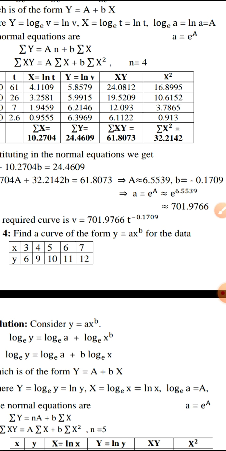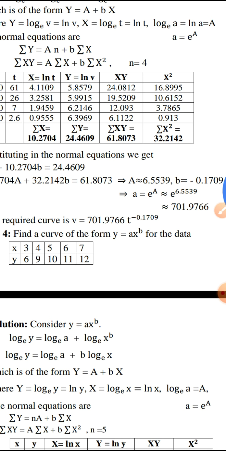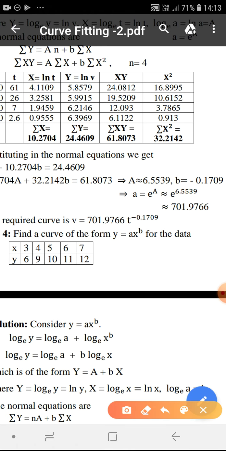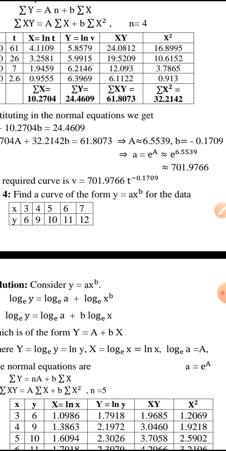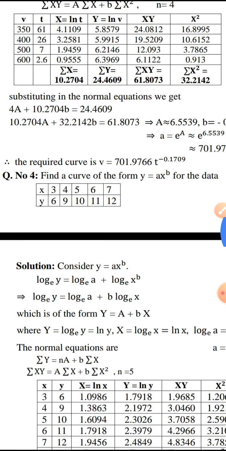Once you get small letter a and small letter b is minus 0.1709, you can put that small letter a and b values in the equation y equal to a into x power b, and you can get the required curve.